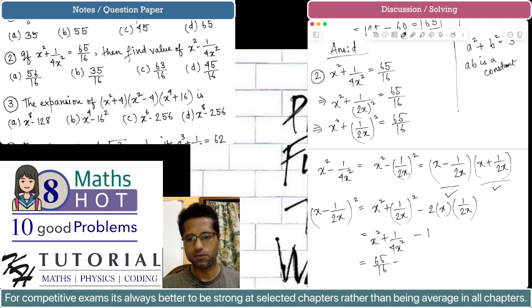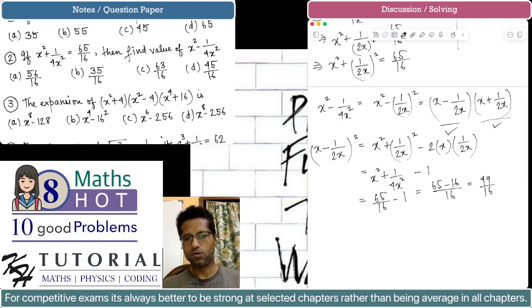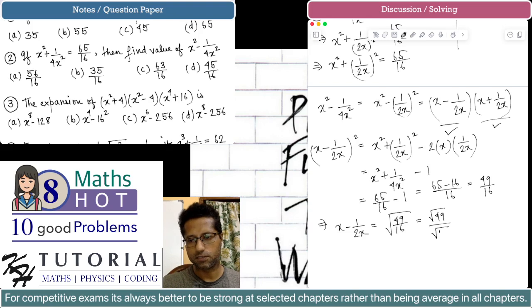So we have 65 by 16 minus 1, which is equal to 65 minus 16 by 16, which is equal to 49 by 16. Hence (x minus 1 by 2x) whole square we got to be 49 by 16. So this implies x minus 1 by 2x will be equal to square root of 49 by 16, which is square root of 49 by square root of 16, which is equal to 7 by 4.